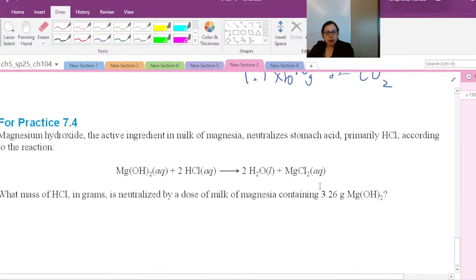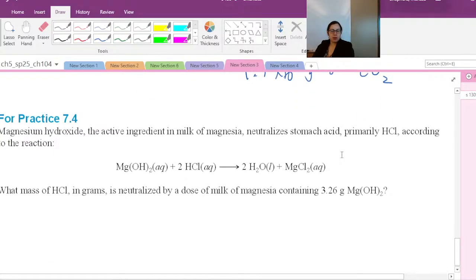So now we can try another one. And so I'll at least give you our hint. We're starting with our balanced equation at least, but that's something that you should always check. I think that's part of your homework too this week, just practicing balancing equations.